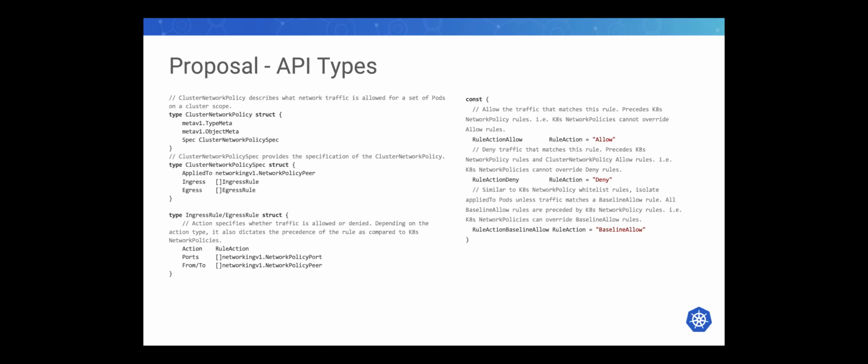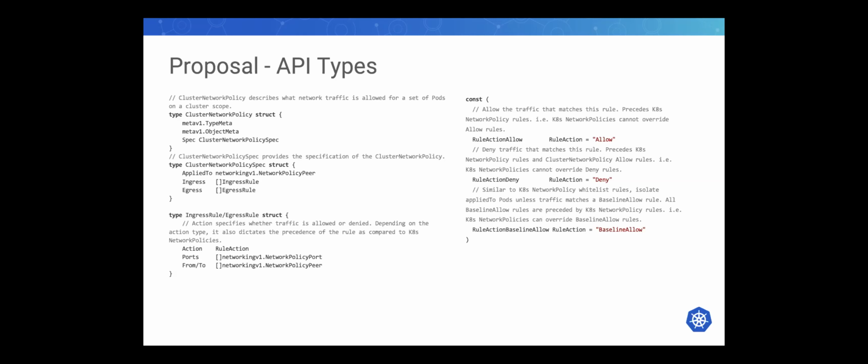So now, if we think about the precedence, we have the aggregated deny rules at the top, the aggregated allow rules after that, and then once all of that is evaluated and no traffic is matching, we go to the Kubernetes network policies, where the semantics remain the same. So that's the current precedence.